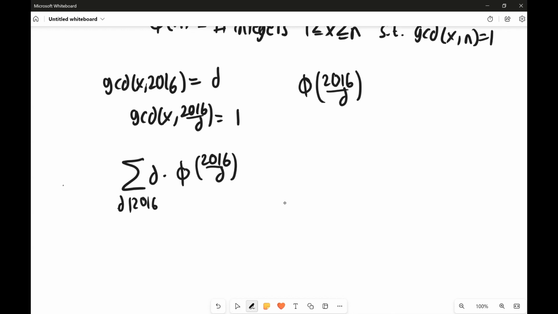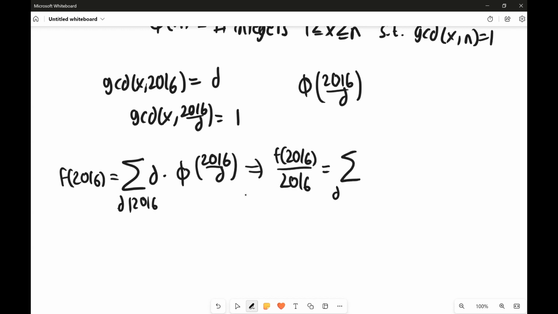If we let this be f of 2016, then we want to try dividing both sides by 2016, because that will make things a bit nicer. So f of 2016 over 2016 is equal to the sum when d divides 2016 of phi of 2016 over d over 2016 over d.